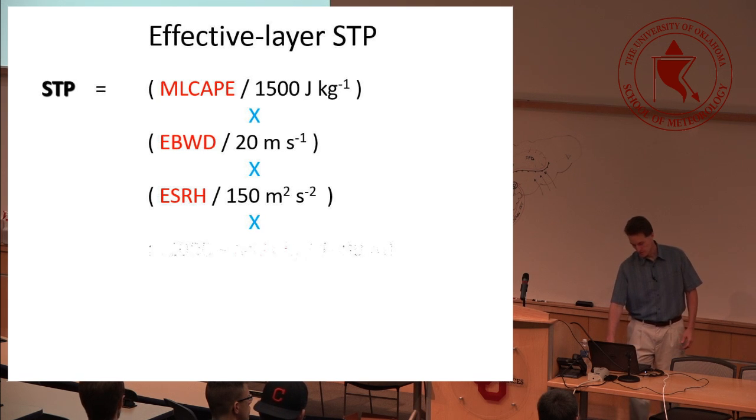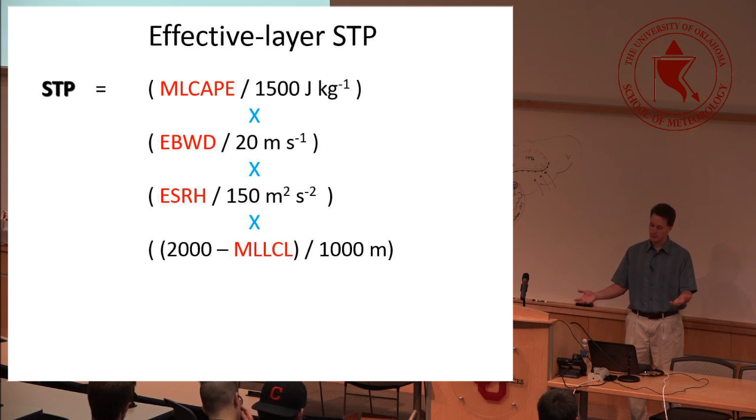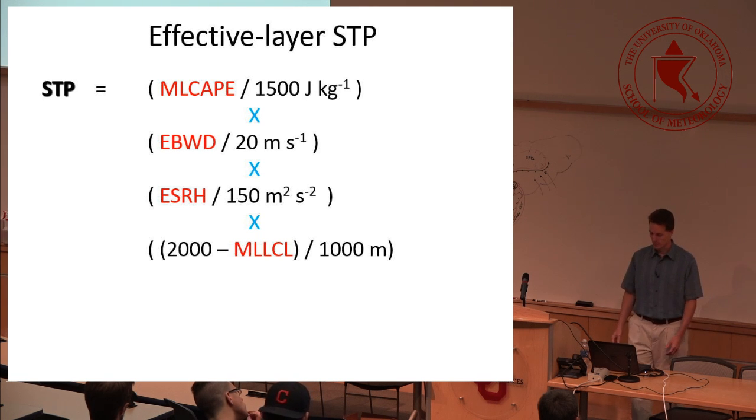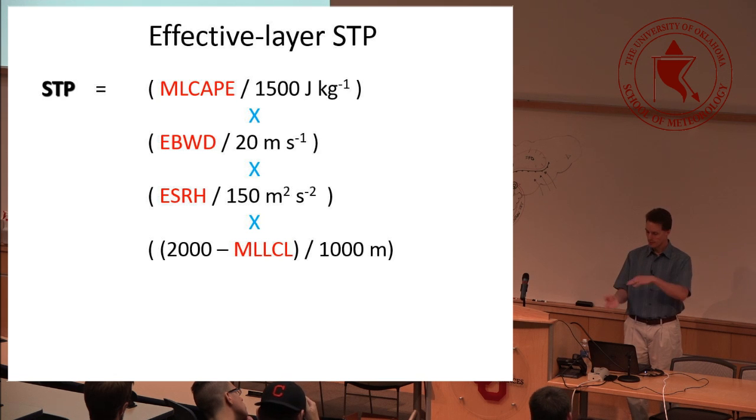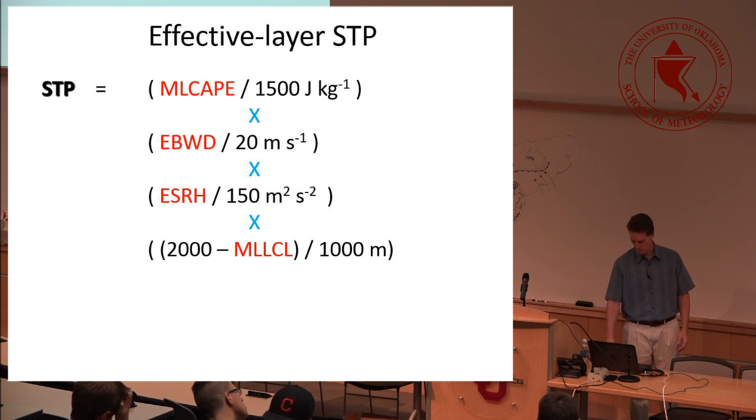And then we just tack onto this an LCL term because higher is worse. You have to do some gymnastics here, so we subtract 1,000 from it, and this is essentially a way to represent penalizing it progressively as the LCL heights rise from 1,000 to 2,000.